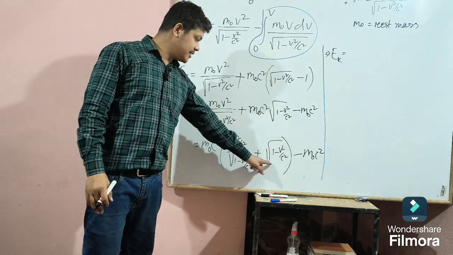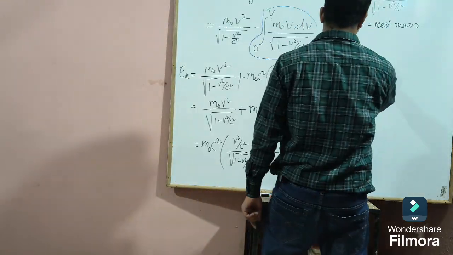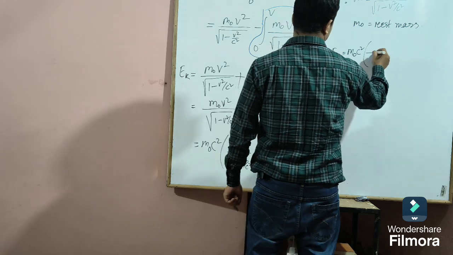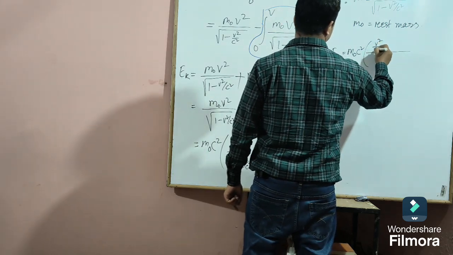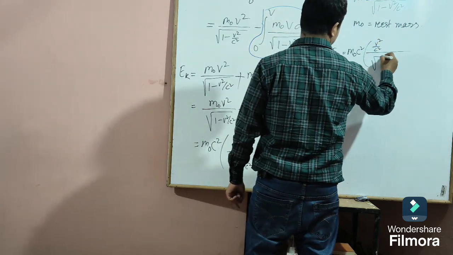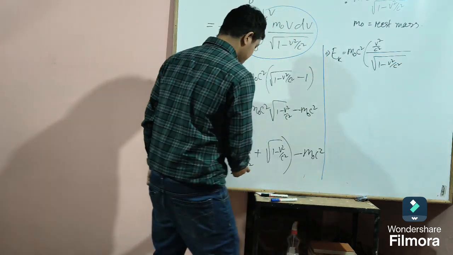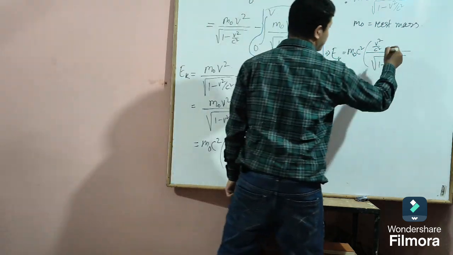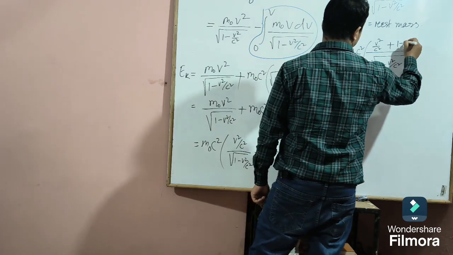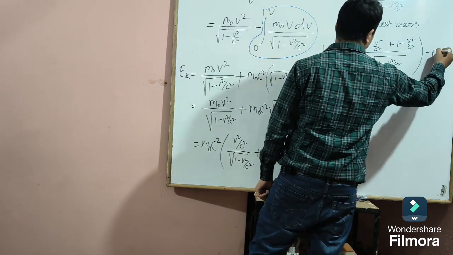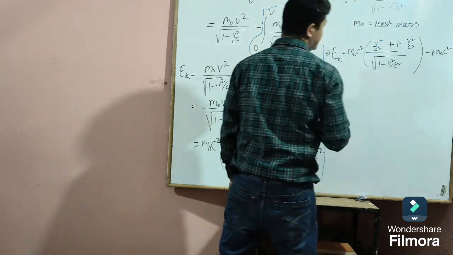If you take this LCM, you're gonna have m naught c square, and here we have b square by c square, then root over 1 minus b square by c square is the LCM here, and if you multiply this one with this one, then root will be removed, plus 1 minus b square by c square and minus m naught c square. That's what we're gonna have.